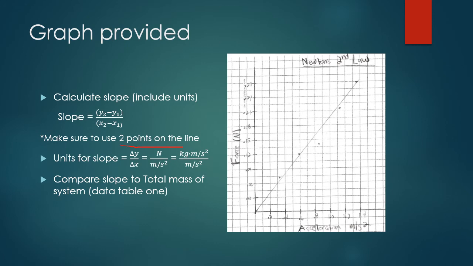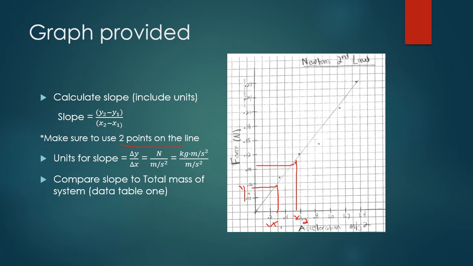Make sure the 2 points that you choose are on the line. Once you choose those 2 points, as you saw in the video, you follow those points down to the x, and then that point over to the y to get your x1 and y1 values. Your second point will give you your x2 and y2 values.